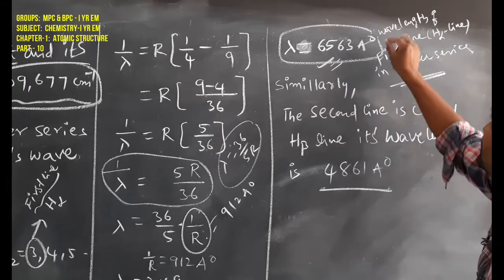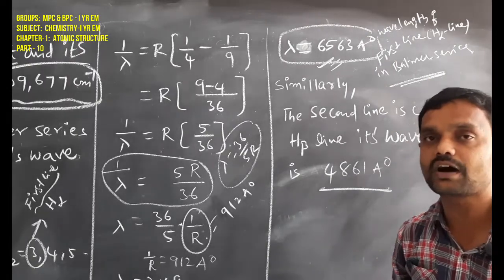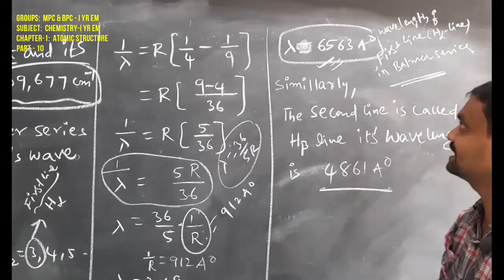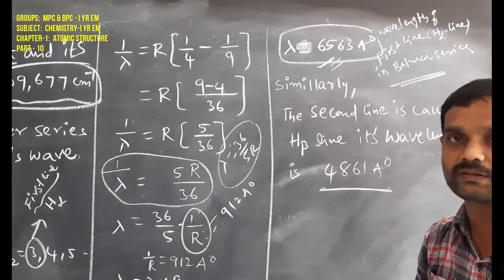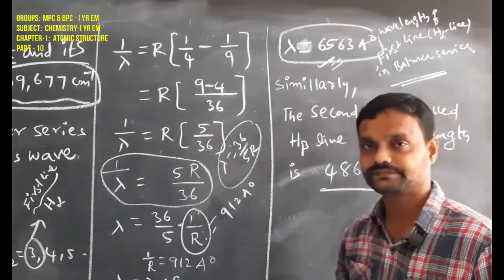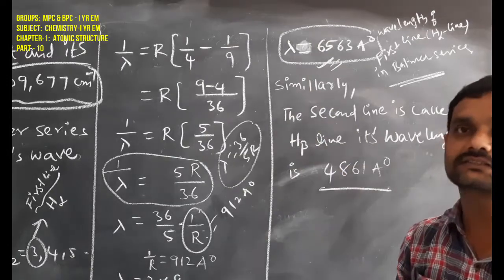So the wavelength of the H alpha line, nothing but the first line in the Balmer series, is 6563 angstrom. This is the method that can be used to determine the wavelength value.